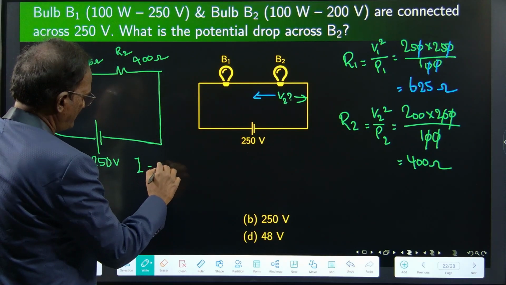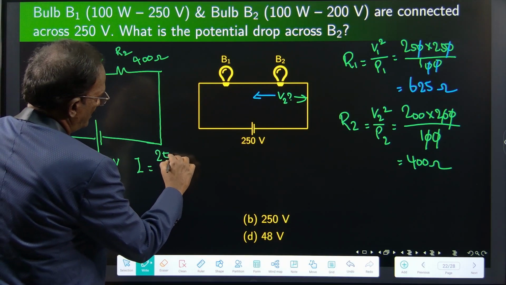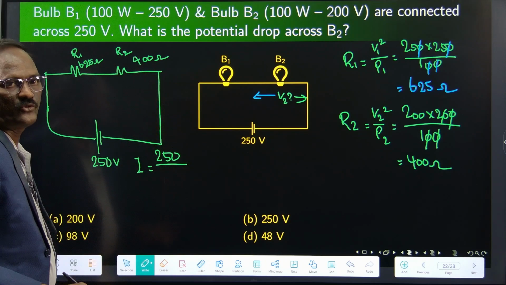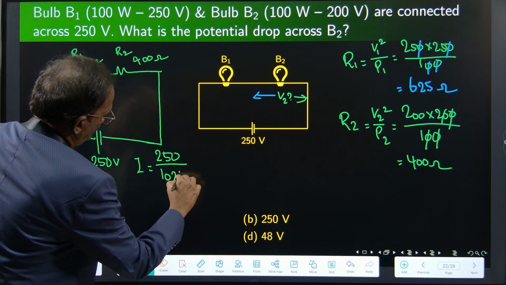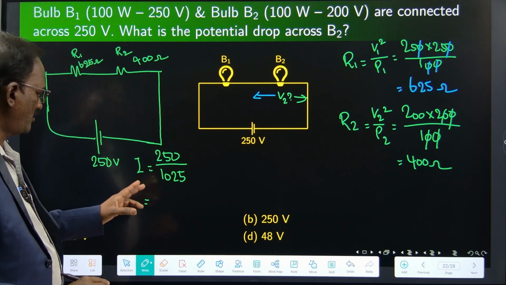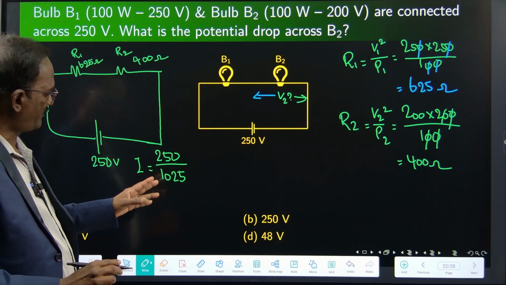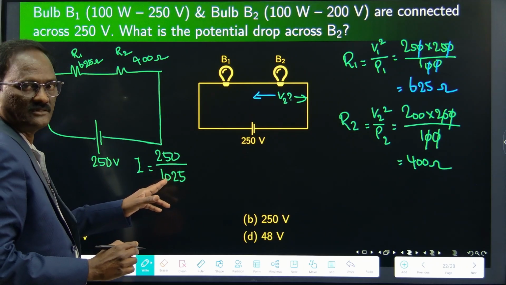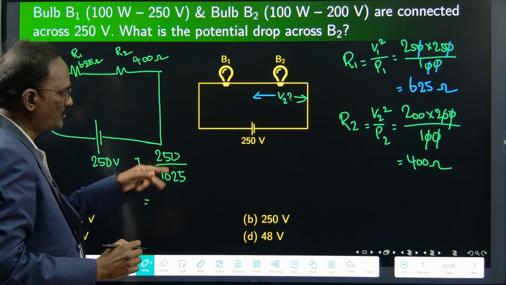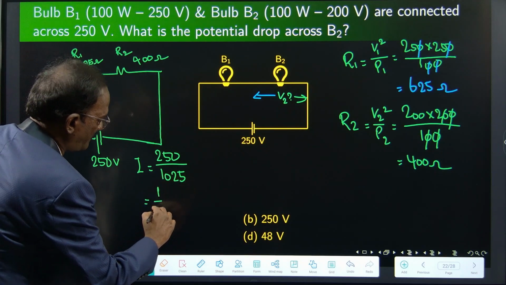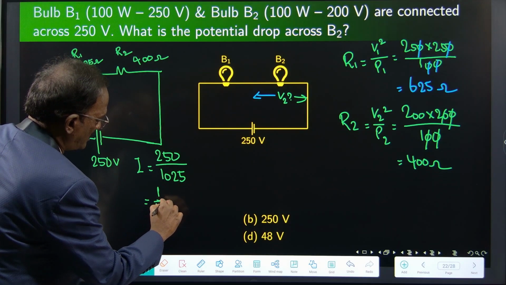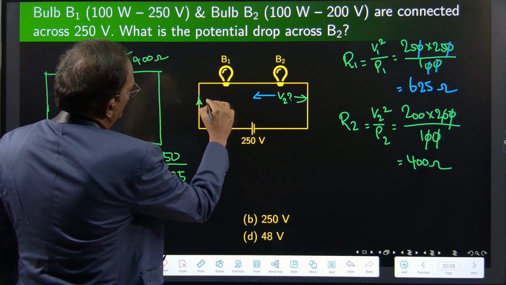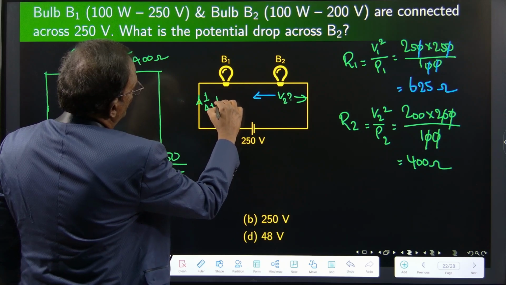So first we will find I: I is equal to 250 divided by 625 plus 400. 625 plus 400 is 1025. 250 divided by 1025: if it were 1000, this would be 1 by 4; since it is 1025, this will be 1 by 4.1. The current through the circuit is 1 by 4.1 amperes.